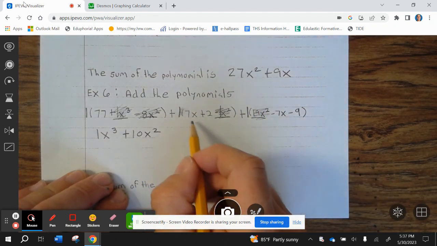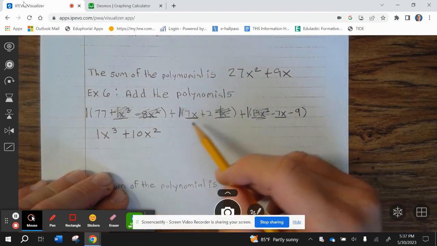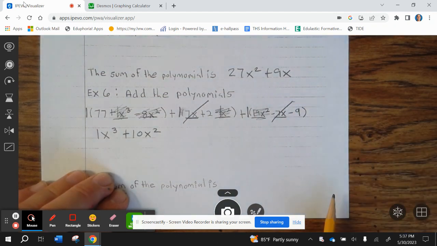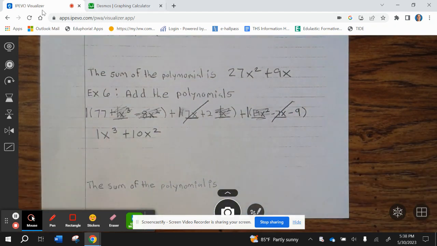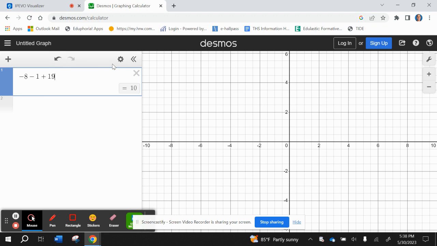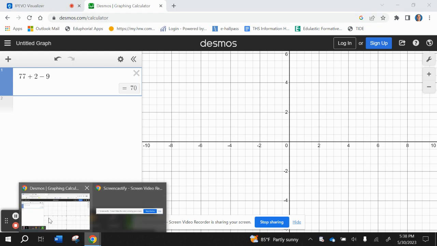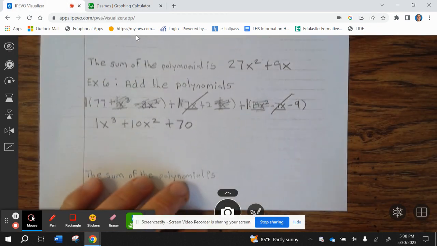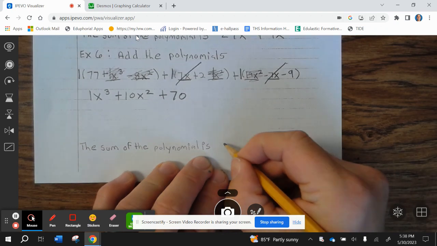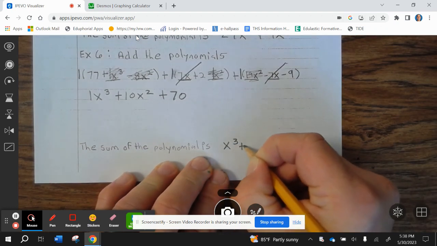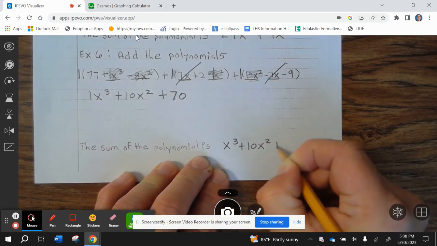Now we combine x's. 7x minus 7x cancels. And then we're going to do 77 plus 2 minus 9 is 70, so plus 70. So the sum of the polynomials is x cubed plus 10x squared plus 70.